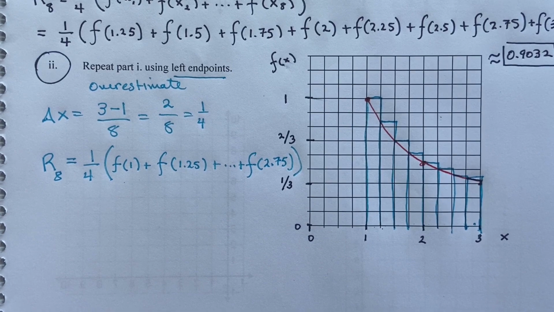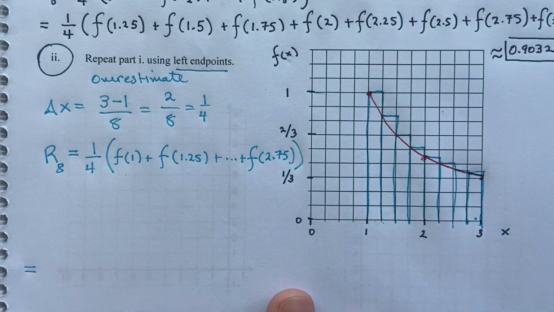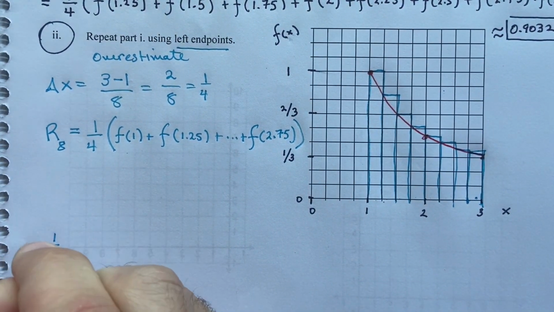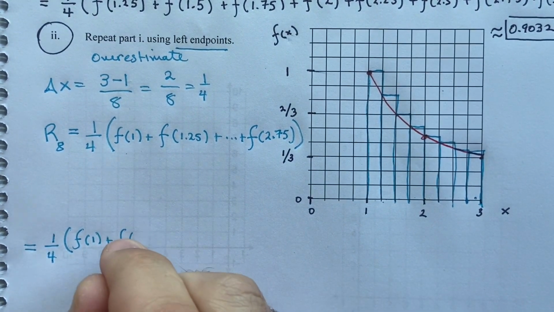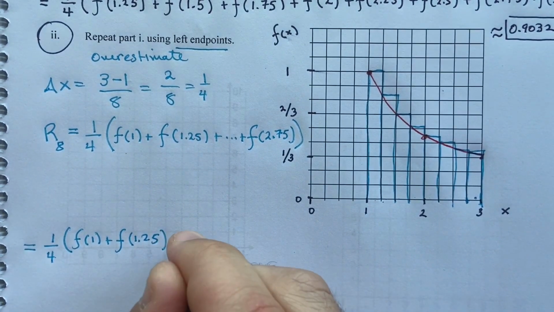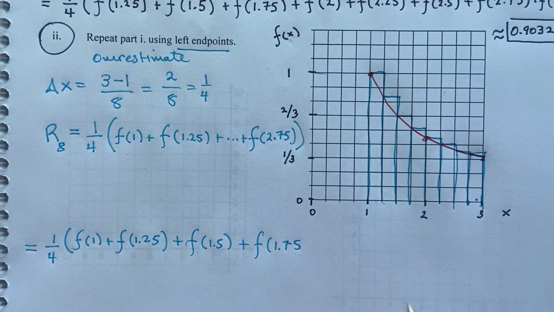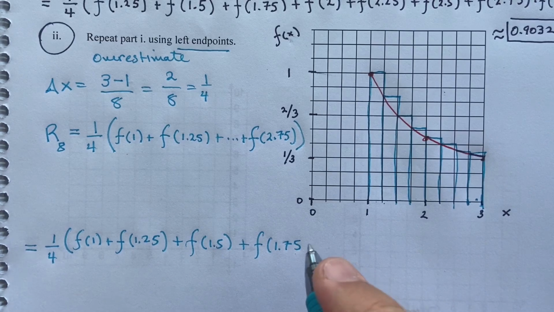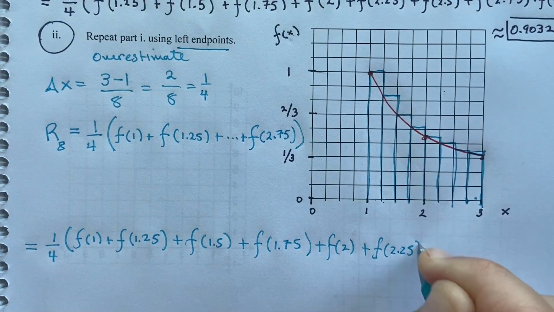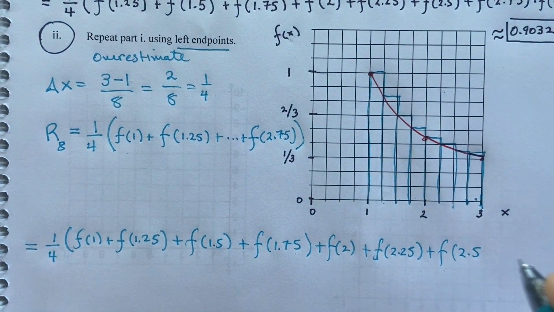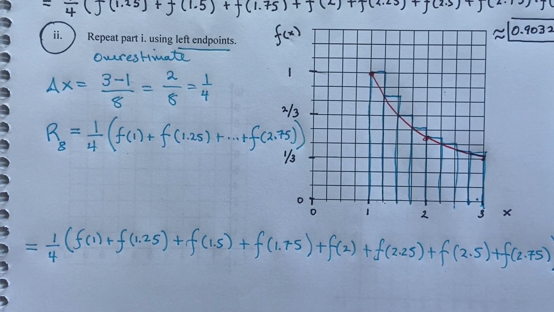All right, so now I need to evaluate this. So I need to find f of 1, all these things. Maybe I'll come down here. So 1/4. All right, maybe I can write them all out. Plus f of 1.25 plus f of 1.5 plus, okay.